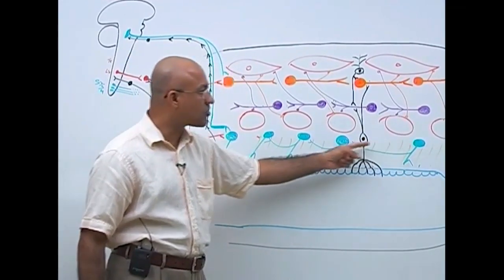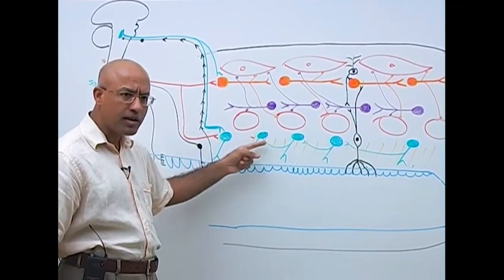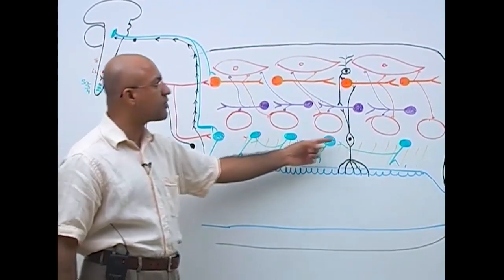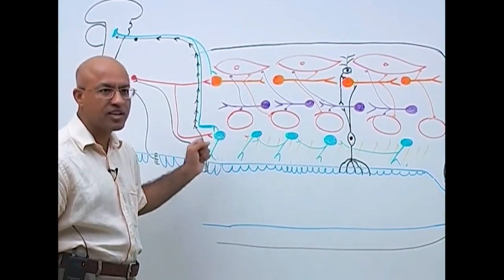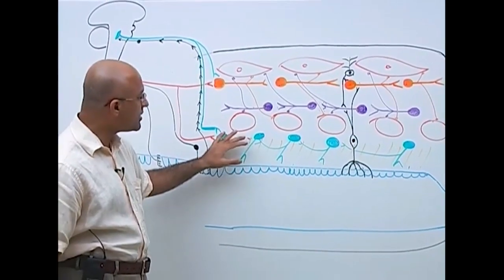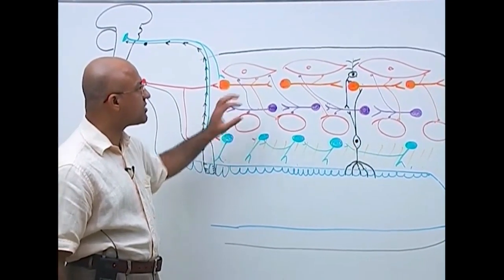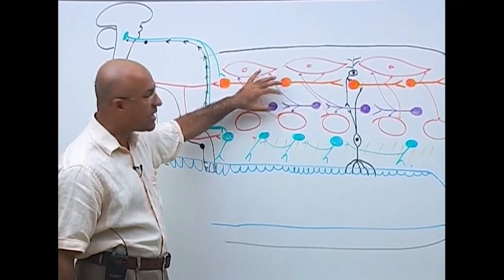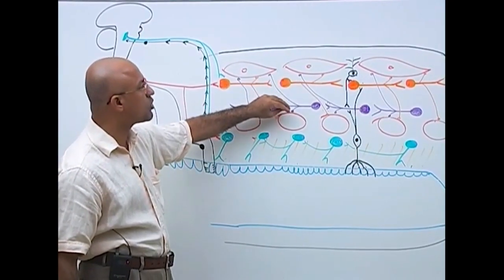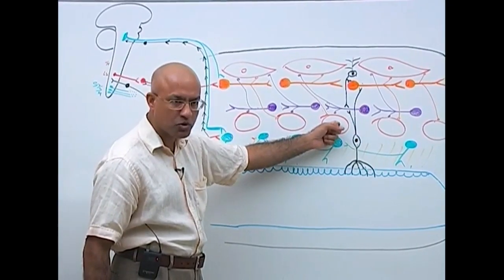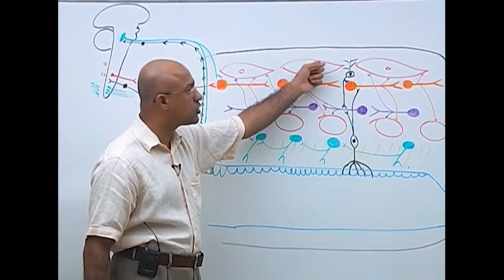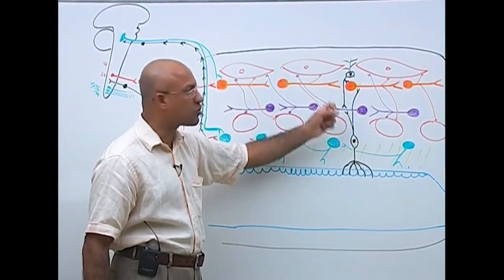This is called the submucosal neuronal plexus. The other name for the submucosal neuronal plexus is Meissner's plexus, right? The second neuronal plexus is present in the muscularis externa, and this second layer, or we also call it the outer layer, is present in between the circular layer of smooth muscles and the longitudinal layer of smooth muscles in the muscularis externa.